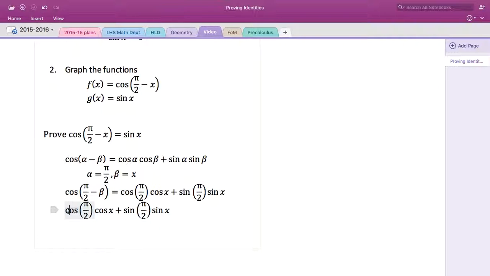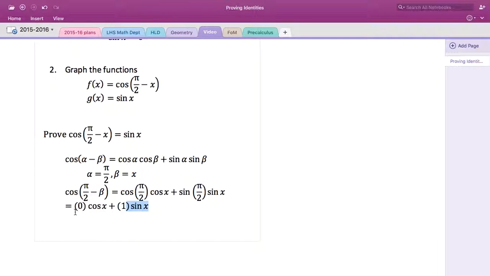We know that cosine of pi halves is the x coordinate when you are at 90 degrees. We don't know what cosine of x is. How about the sine of... Oh, wait a minute. When you're at 90 degrees, the x coordinate should be 0. Sorry. And then how about the sine of pi halves? You're at pi halves, which is 90 degrees. What is the y coordinate? It's 1.